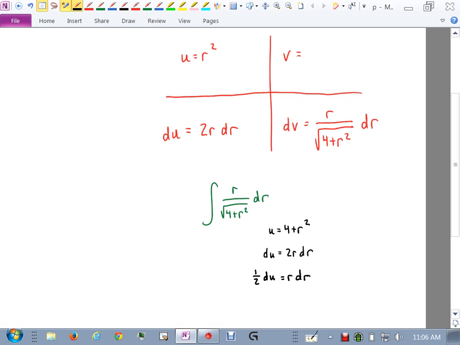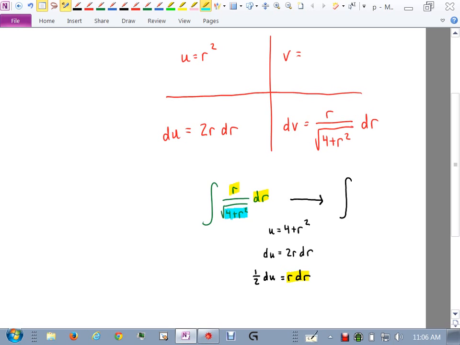And now I can rewrite this integral. The r dr will be replaced with what? 1/2 du. So I'll pull a 1/2 out of the integral. And then the 4 plus r squared will be replaced with u.